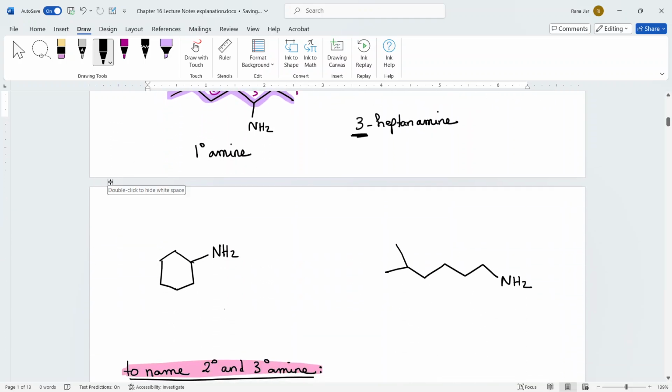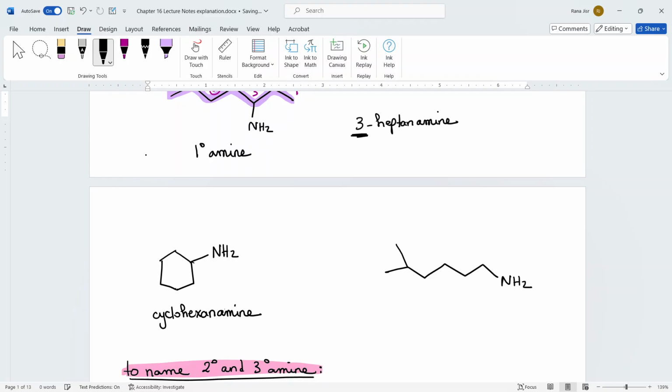If your amine belongs to a cycle, then in this case, what you need to do is simply, again, the name is going to end in amine because amines are higher priority than alkanes. Okay, so the name here is going to be, I know that this is a cyclohexane over here. So it's going to be a cyclohexane, drop the E and put amine. So the name here is going to be cyclohexanamine.